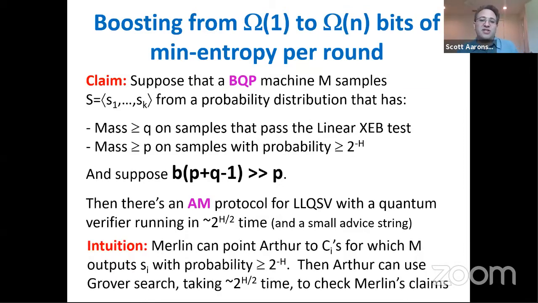The intuition for this is that Merlin is going to point Arthur to those circuits C sub I for which that quantum algorithm M outputs the string S sub I with a large probability, at least 2 to the minus H. And then knowing those circuits, Arthur can use Grover search to check Merlin's claims. Amplitude amplification will take about 2 to the H over 2 times in that case.